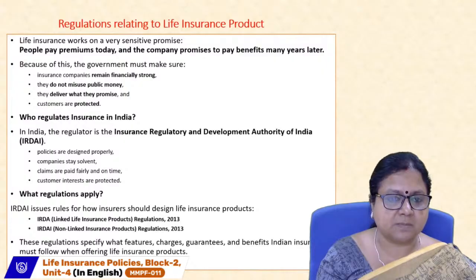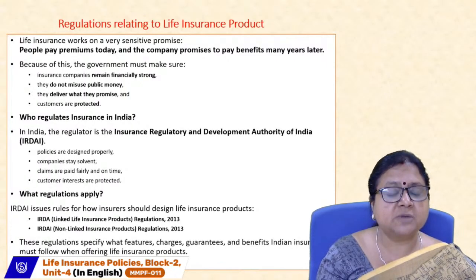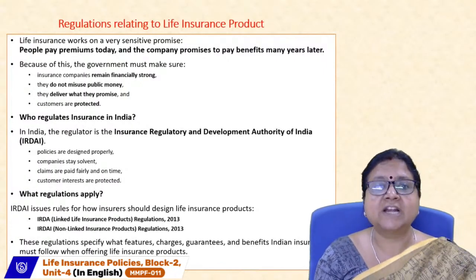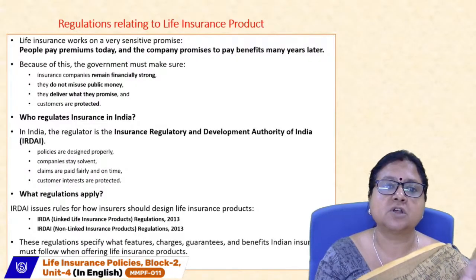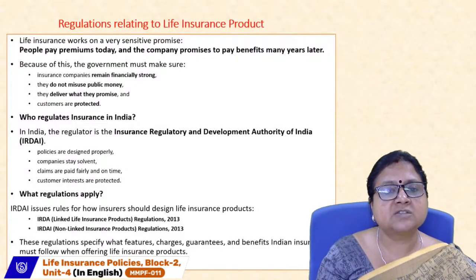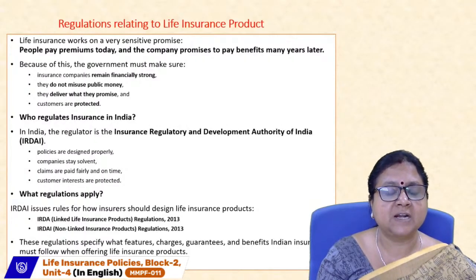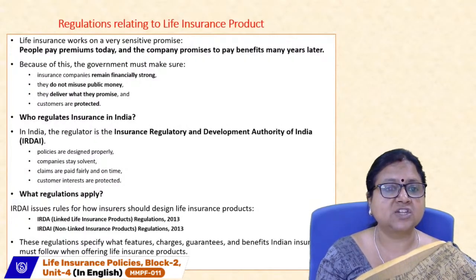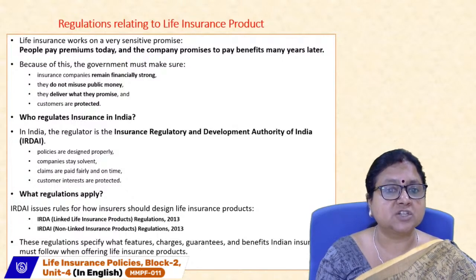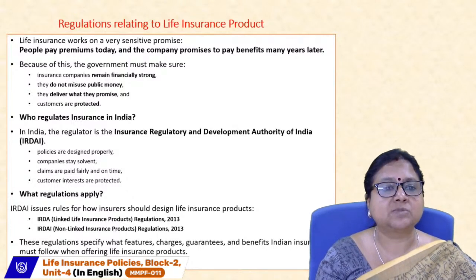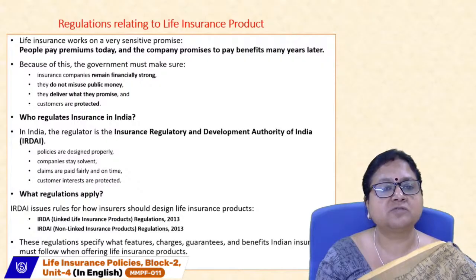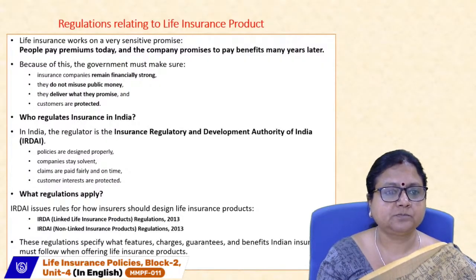Since the insurance company is going to give the benefit to the customers only at a later date, and the future is always uncertain, strong rules and regulations have to be there for the companies. It should be seen that the insurance company remains financially strong to settle the claims of the insurance holders.